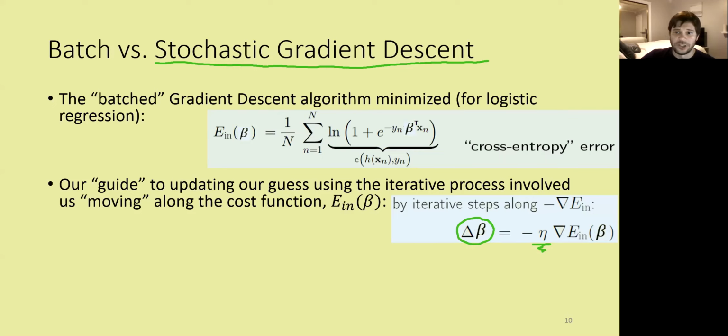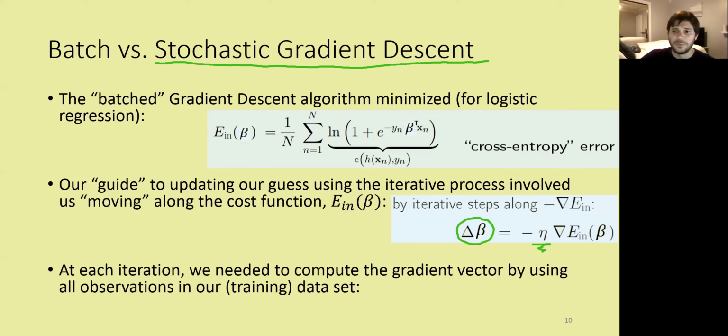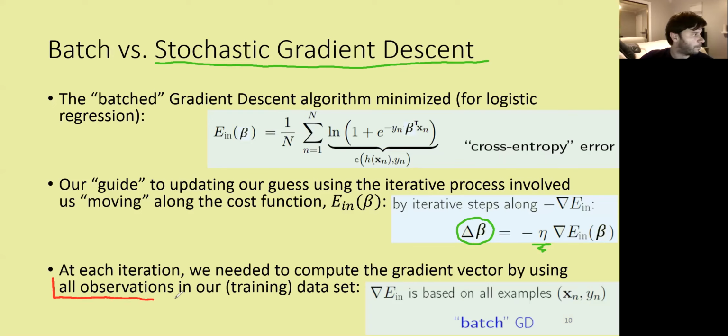And at each iteration, we saw that we needed to compute the gradient by using all of the observations in our training set. All of them. And if you have a ton of observations, that can be computationally costly, using the full batch in order to calculate the gradient for this algorithm. So again, the summary of the whole algorithm looked like the following.